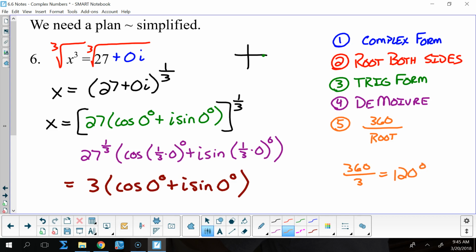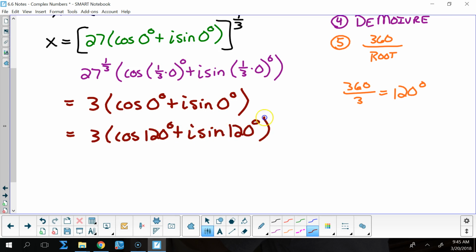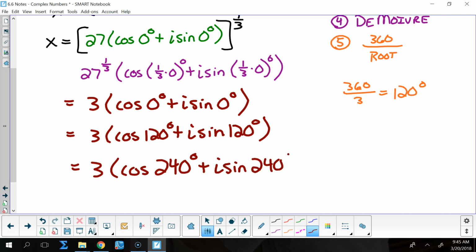So my other two roots here then are 3 times the cosine of 120 degrees plus i times the sine of 120 degrees, and 3 times the cosine of 240 degrees plus i times the sine of 240 degrees. And there's my three roots, my three solutions. Okay?